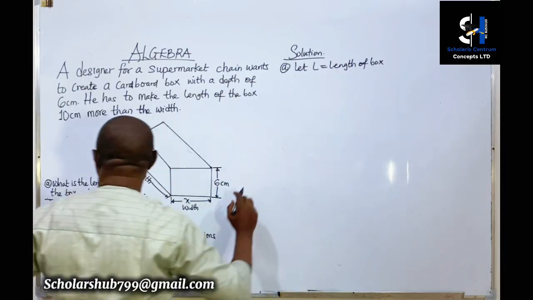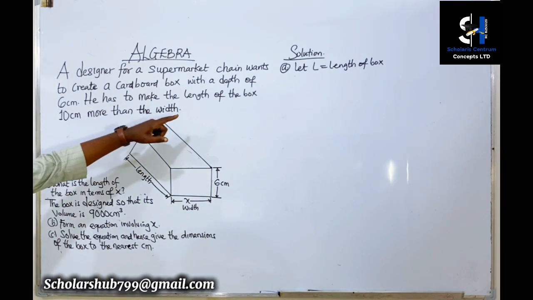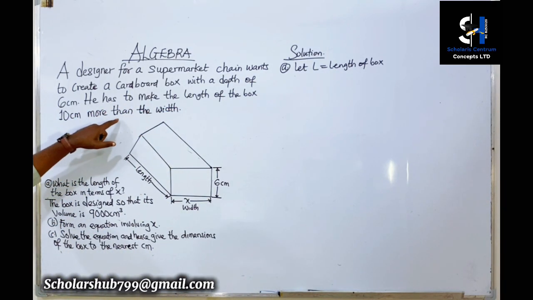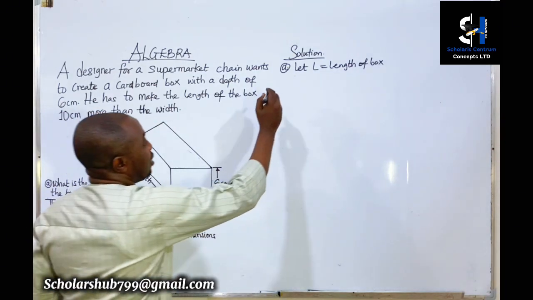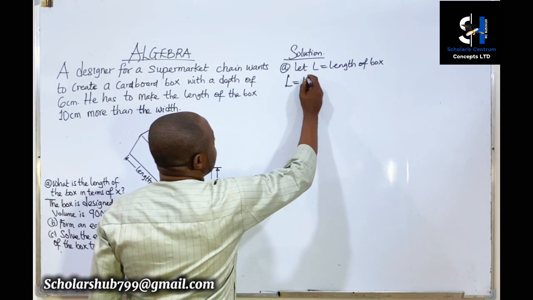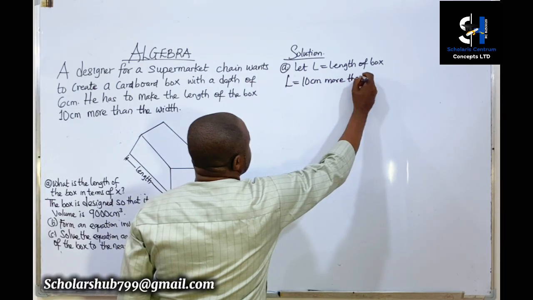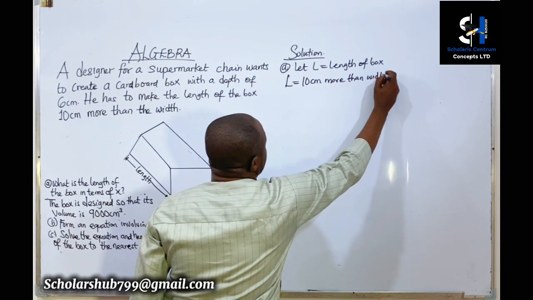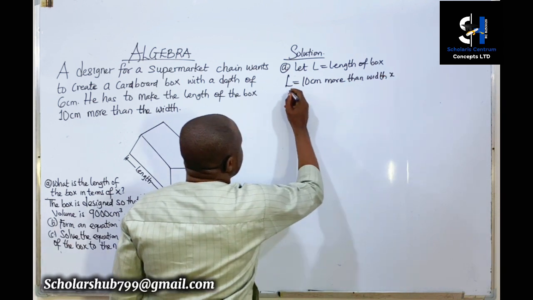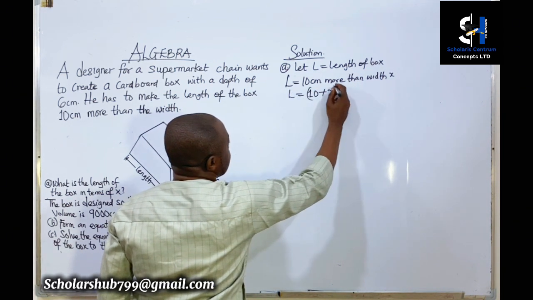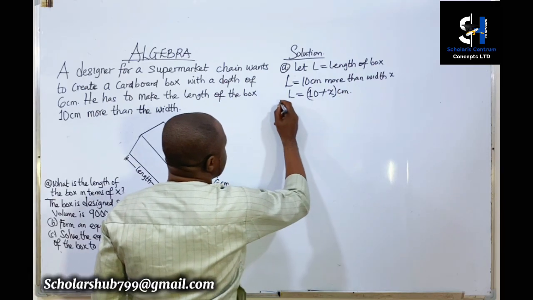In terms of x, we are given that he has to make the length of the box 10 centimeters more than the width. Length equals 10 centimeters more than width, which is x. That means L will be equal to 10 plus x. So this is the length.